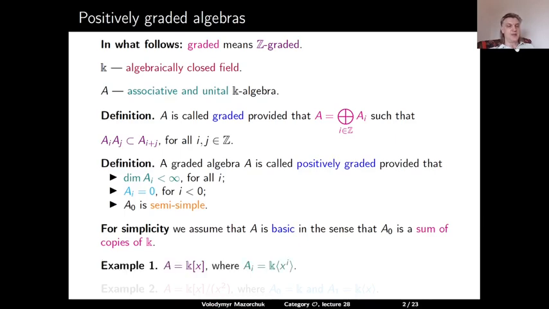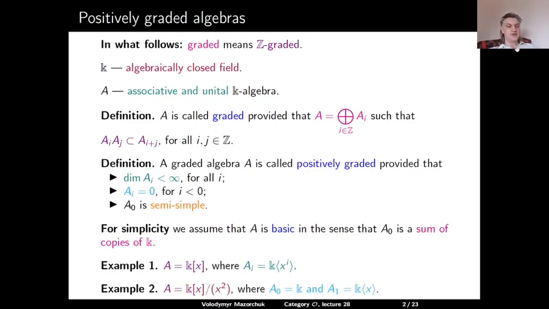For example, consider the algebra A of polynomials in variable x. Then this algebra is naturally graded when the degree i homogeneous component consists of all elements in the linear span of x to the power i.